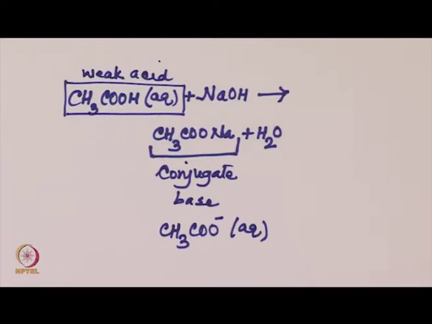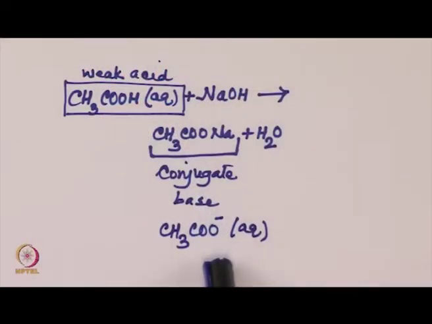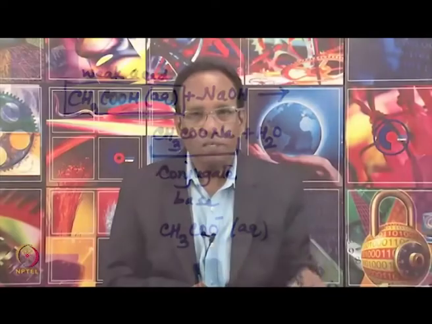When we titrate weak acid with a strong base, CH3COO minus is a Bronsted base, it can accept a proton, and therefore we can expect the solution to have a pH which is greater than 7, because pH greater than 7 is supposed to be an alkaline solution, that is, one in which there is an excess of the base.